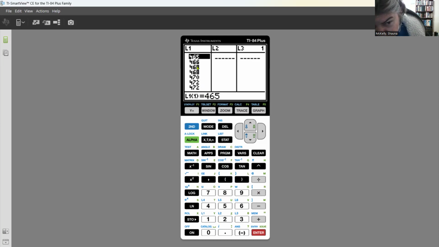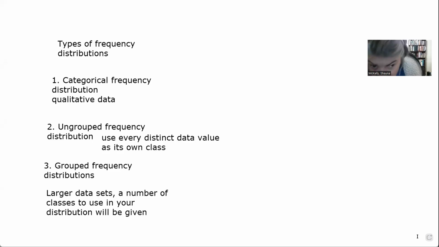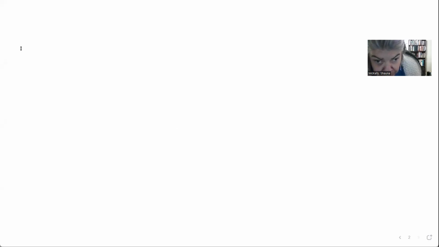Okay. So now I have my sorted list. Now the next thing I want to do, once it's been sorted, is, okay, so what are we doing here? Let's go back to our whiteboard for a second. Let me get another whiteboard here. So we're going to construct a grouped frequency distribution.